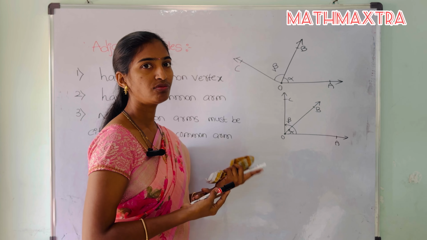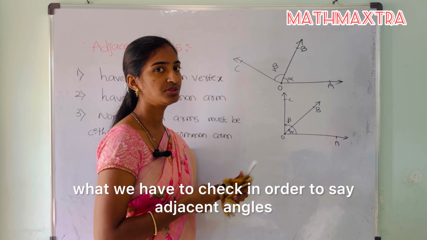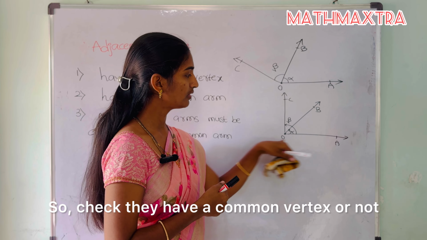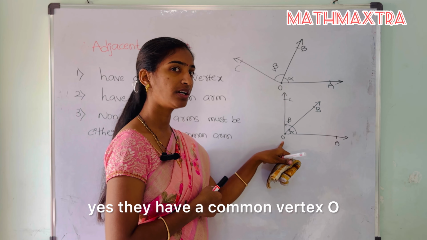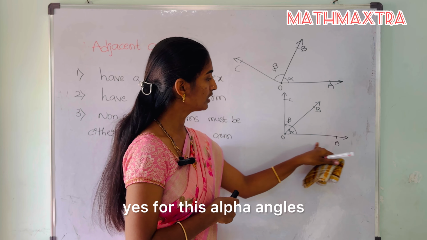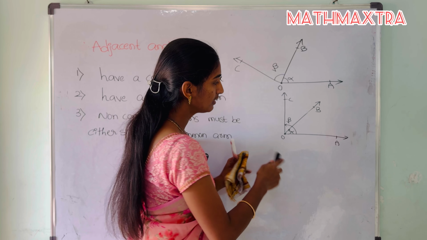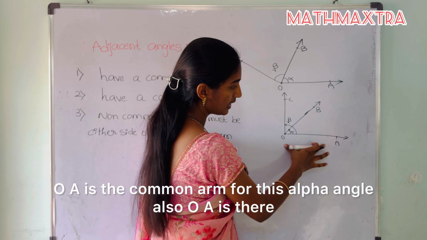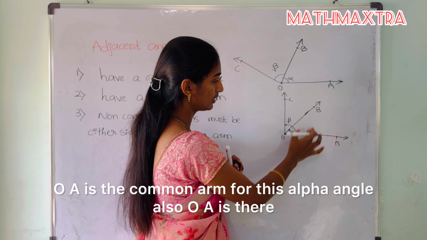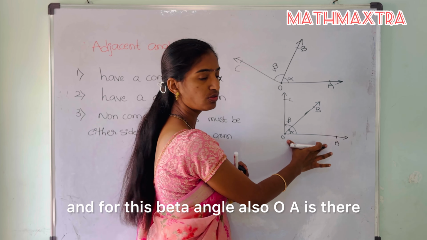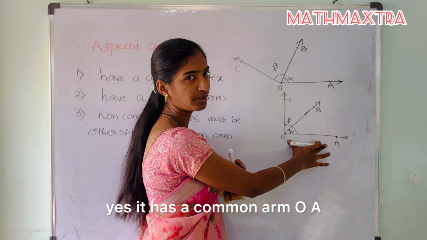In order to say adjacent angles, we have to check these three conditions. Check whether they have a common vertex or not. Yes, they have a common vertex O. And whether they have a common arm, check. Yes, for this alpha angle OA is there, and for this beta angle also OA is there. Yes, it has a common arm OA.